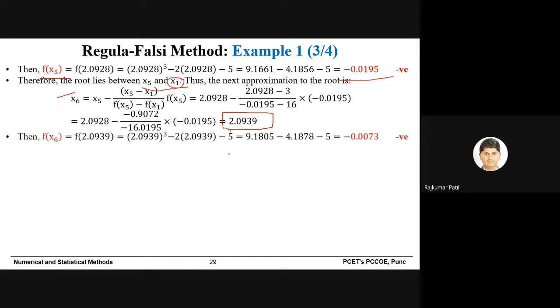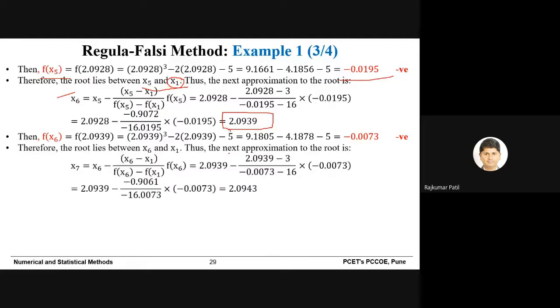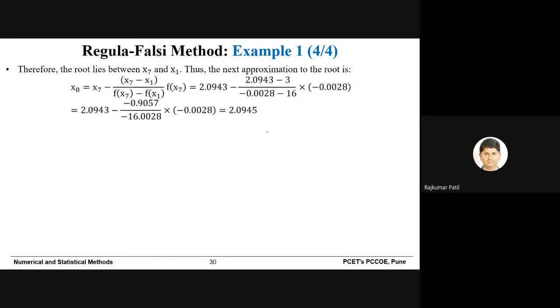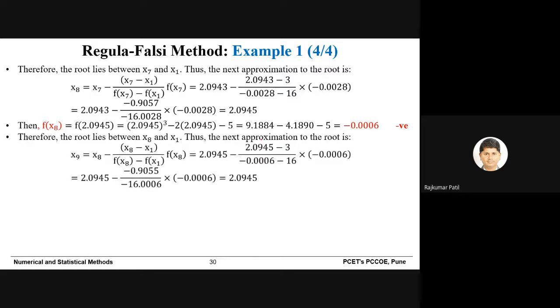Then x7 and so on. Here I am just doing the iterations without wasting time. So you can see here x8 is 2.0945 and x9 is 2.0945.